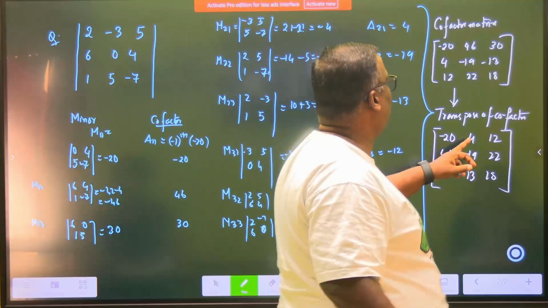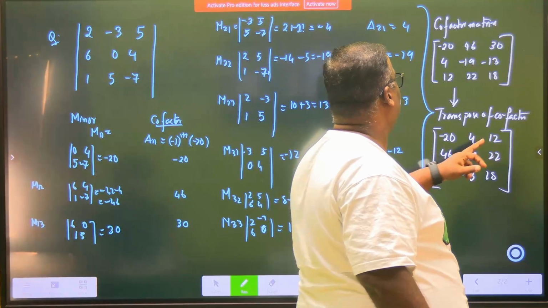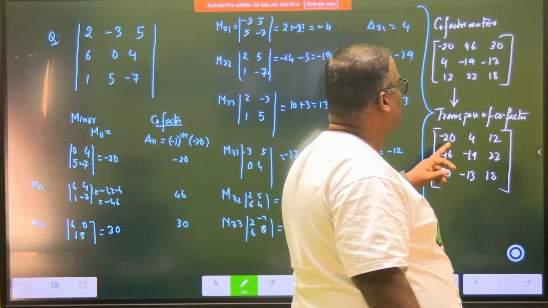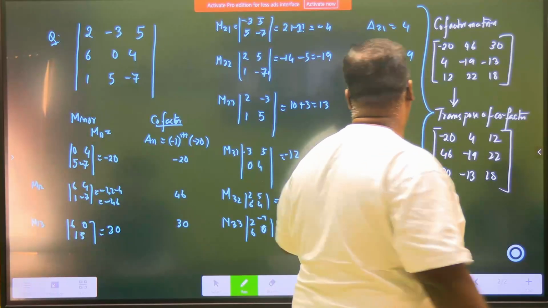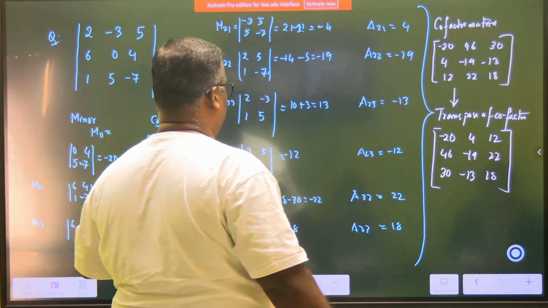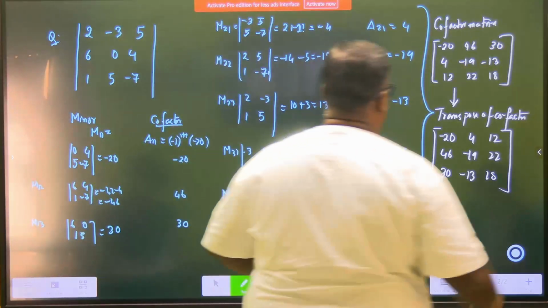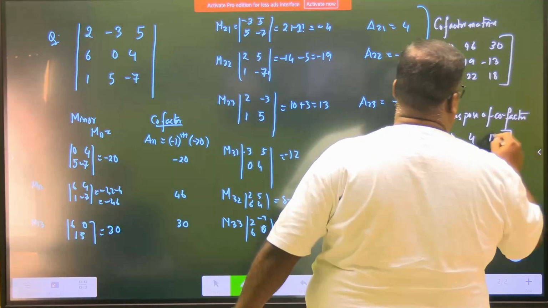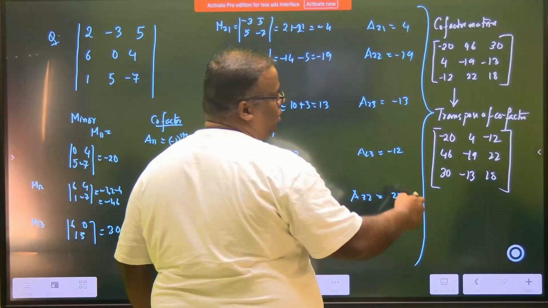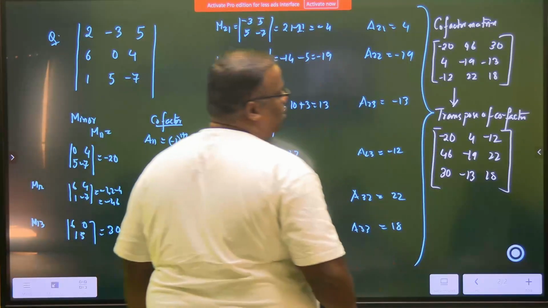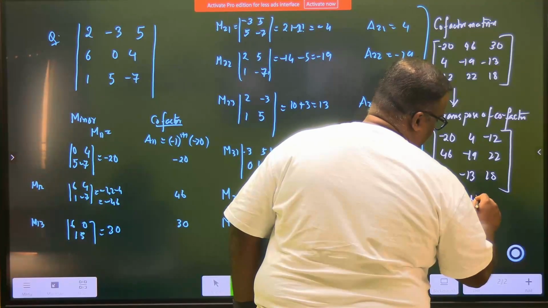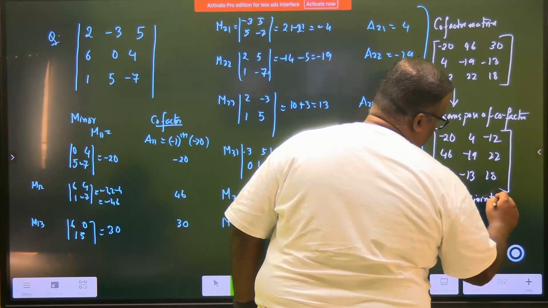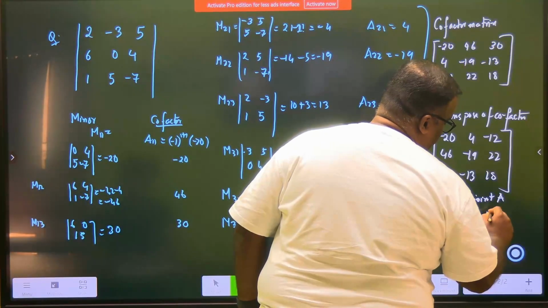Minus 24, 12? Which one? Yes, it's minus 12. Then 46, minus 19, 22. This is the transpose of the cofactor matrix. This is called the adjoint of the original matrix A. We denote it by adj A.